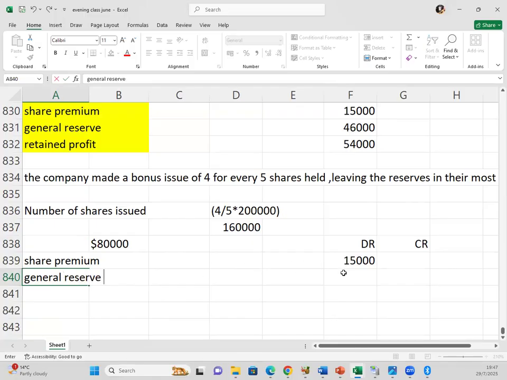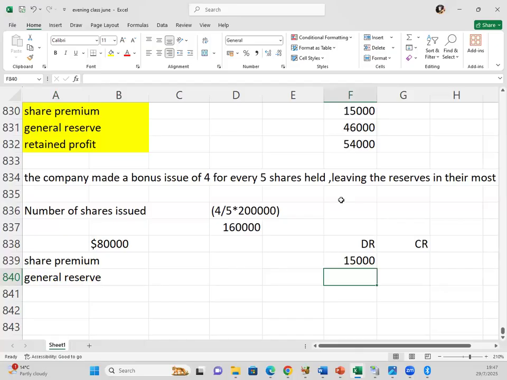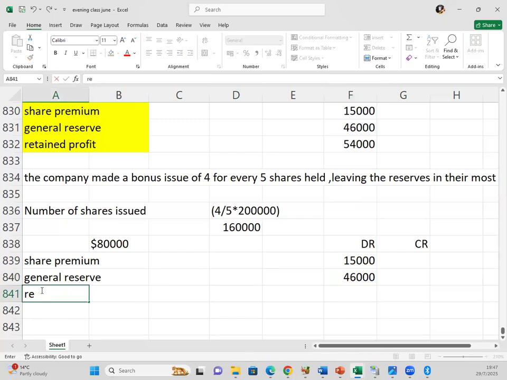So in the general reserve, 15, if we add 46, and again, it's not yet 80,000. So you debit the general reserve in full, then retained profit. Can you help me work out how much are we left with to make it 80,000?